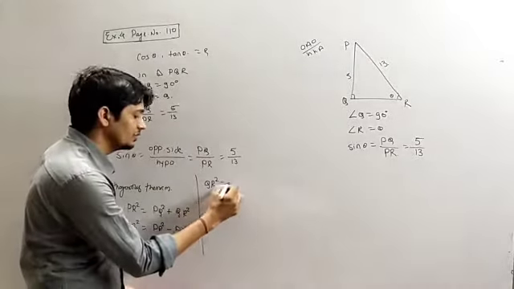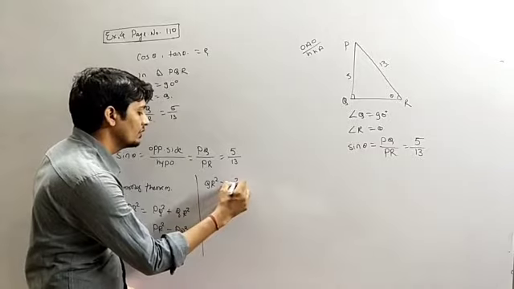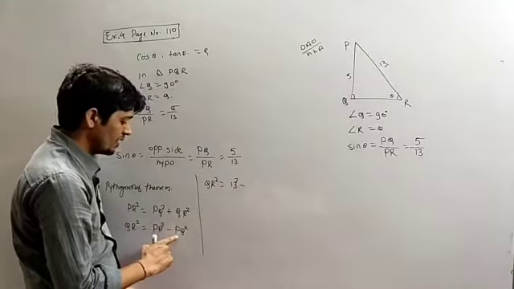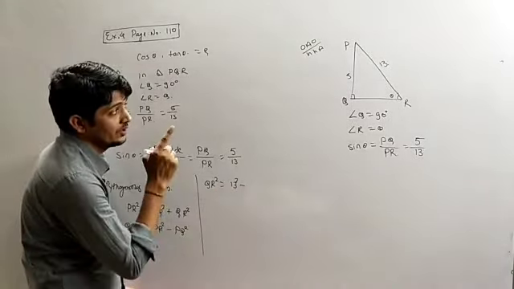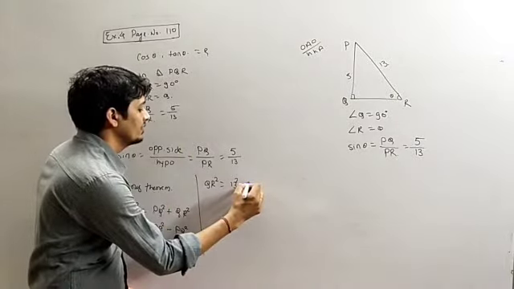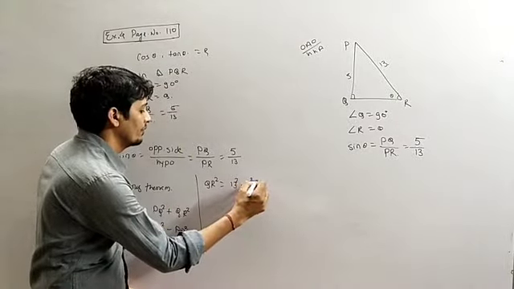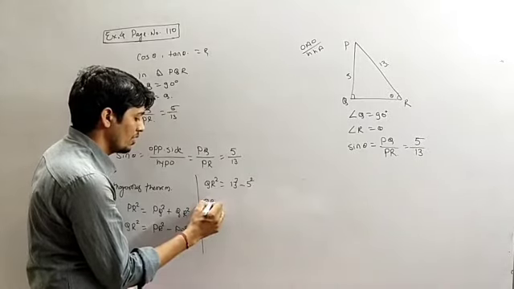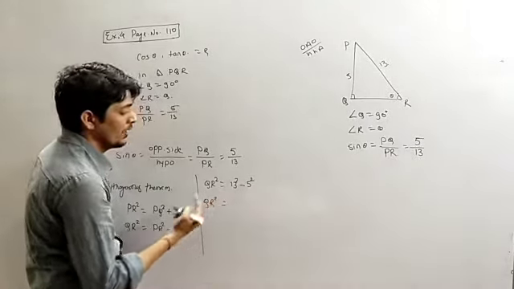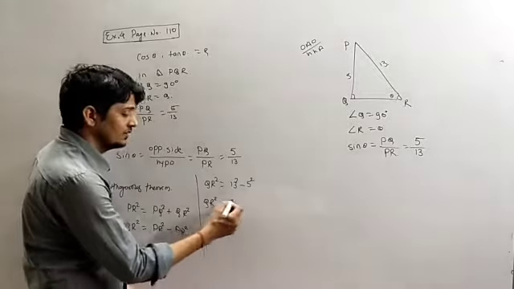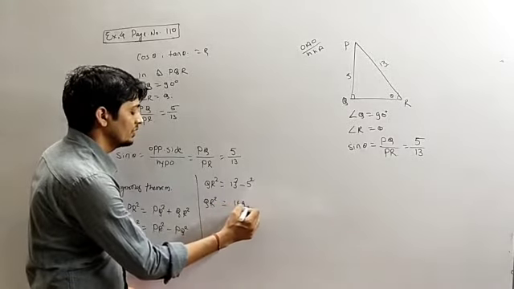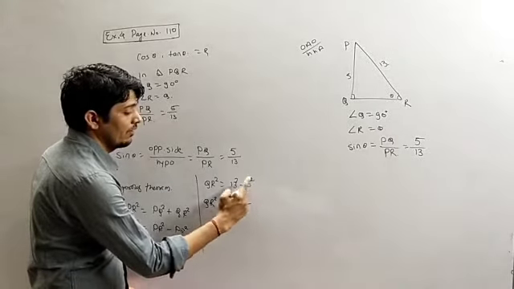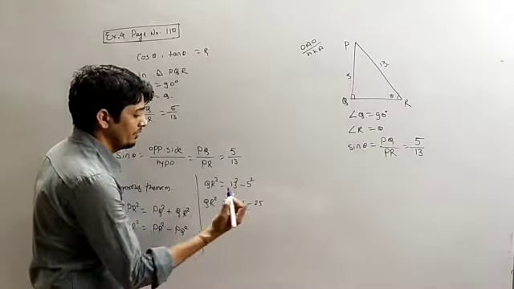PR is 13, so square of 13, minus, what is PQ? PQ is 5, so square of 5. Square of 13 is 169 minus square of 5 is 25.